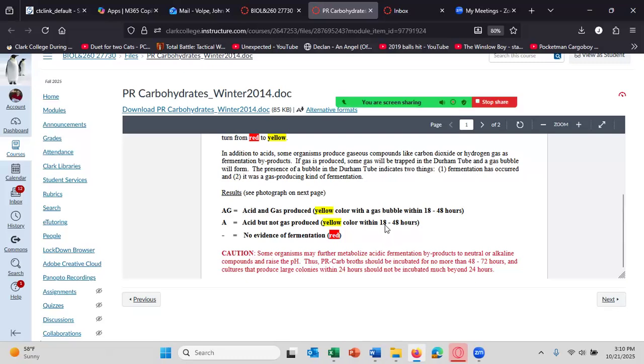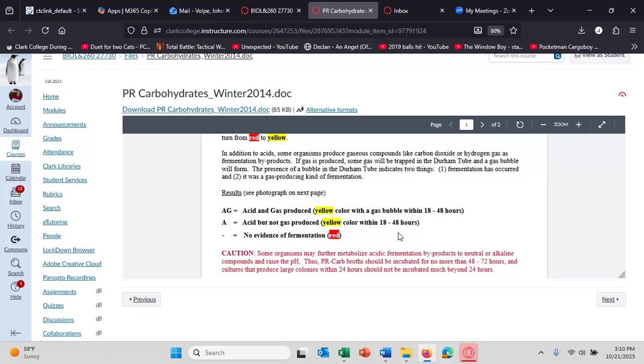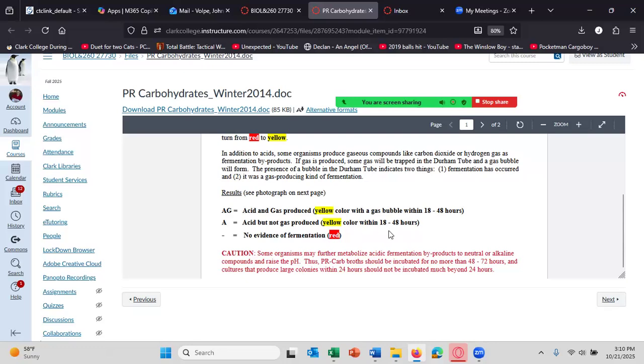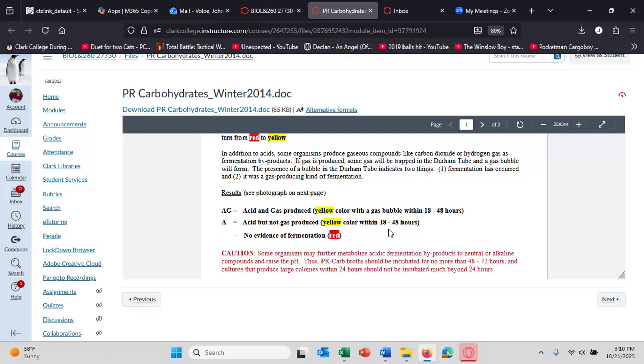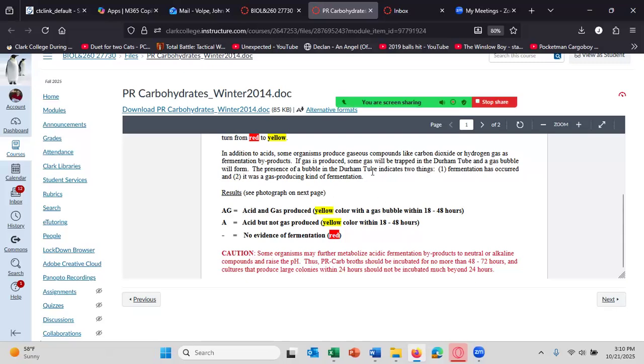So if you request it, you will not get any results until at least 18 to 48 hours because the test has to incubate. And I will start the test once you request it. And of course, obviously, I read it. So you should look up when the test will come because most of them take 2 days, you're not going to get the results for at least 2 days after you request the test. And it may be longer. Like I said, if you request the test on Friday, I may not give you the results until Monday. Any question about any of that?